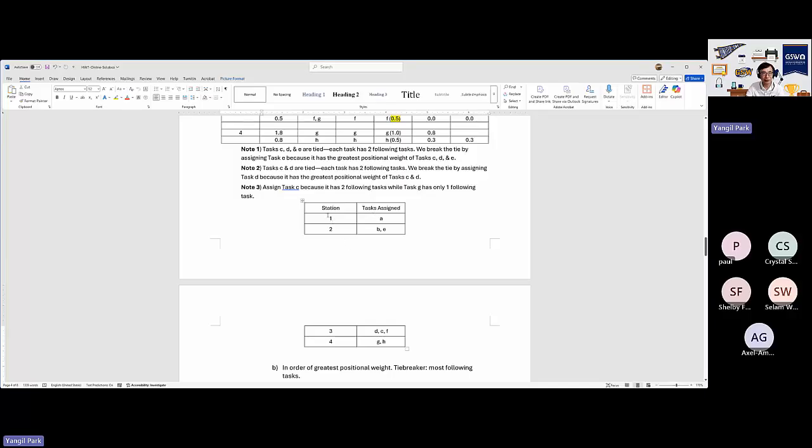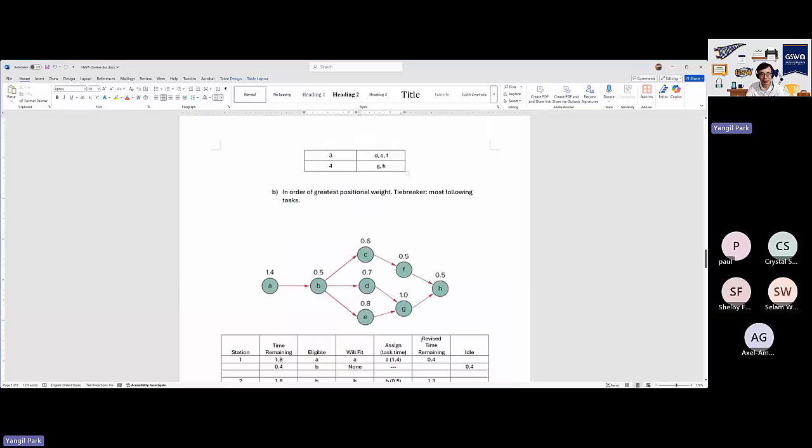By the way, in the first example, for the first station, we have A, station 2, B and E, station 3, D, C, F, then station 4, G and H are assigned. Now we're going to take a look at this case and see how this assignment can be different.